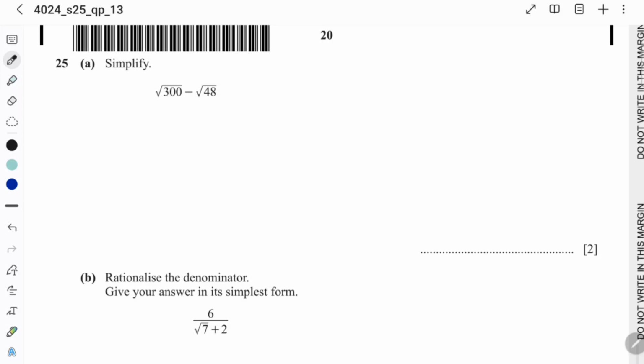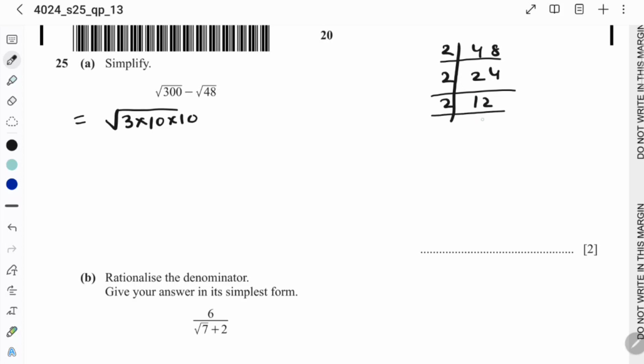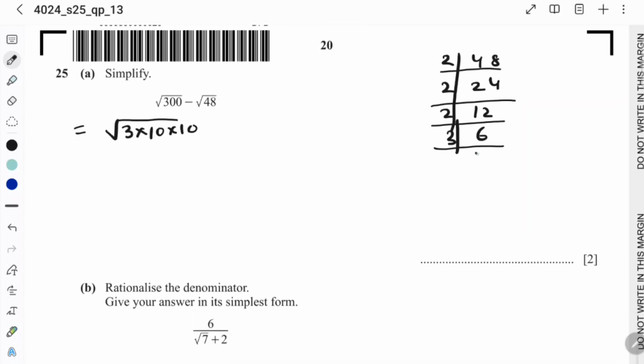Alright, question number 25. Square root of 300 minus square root of 48. We must have the same number inside the root, otherwise we cannot add and subtract. We know that 300 is 3 times 100, which means 3 into 10 into 10. For 48: 2 and 24, 2 and 12, 2 and 6, and 2 times 3.